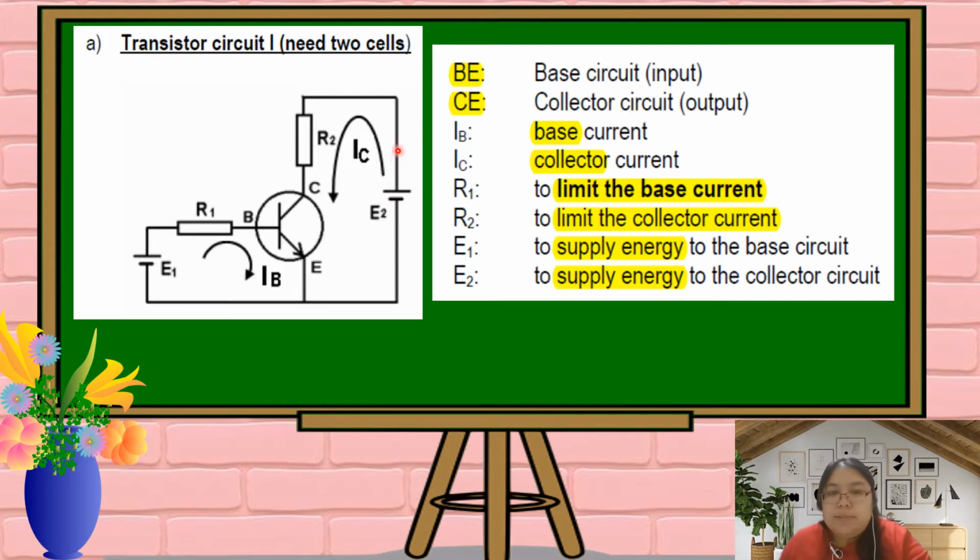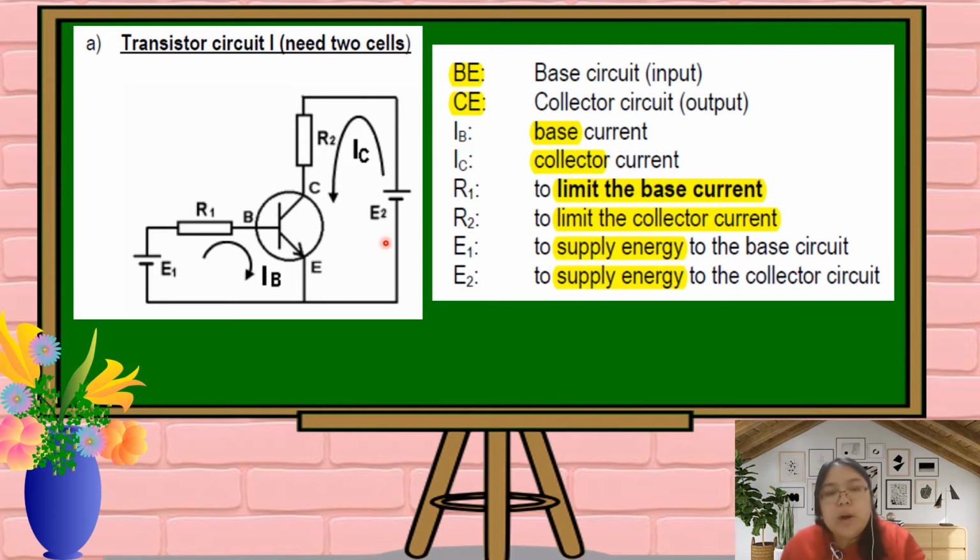The current starts to flow, goes to R2, then goes to C, then after that goes to E and comes back. So it only touches C and E. This part we call the collector circuit.